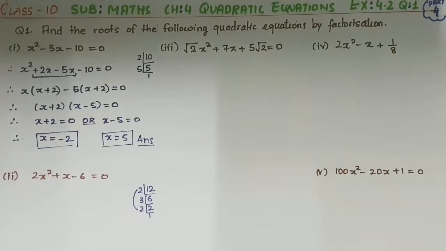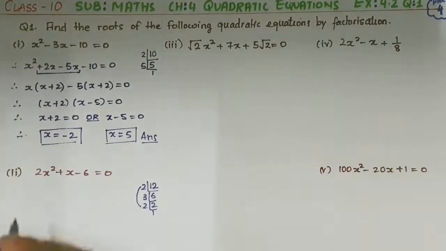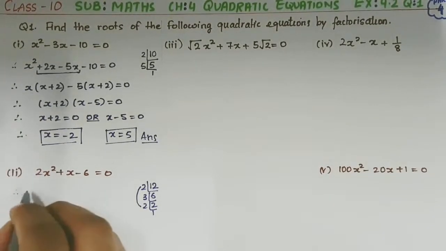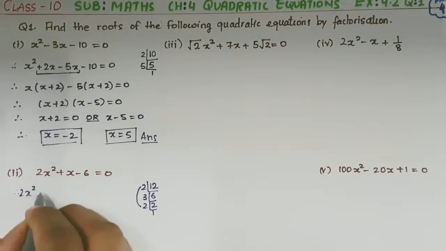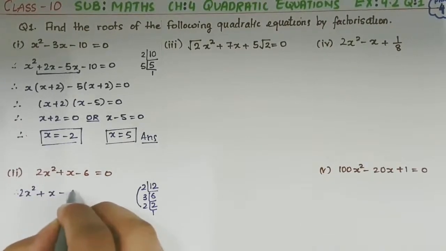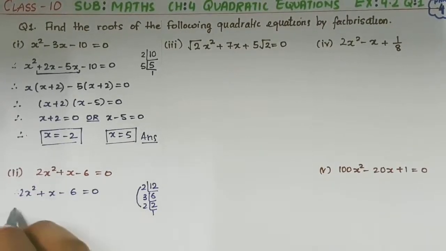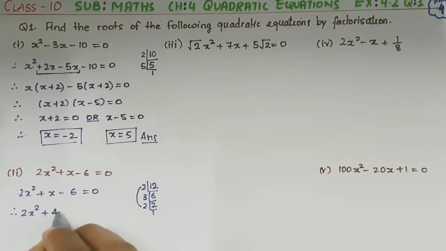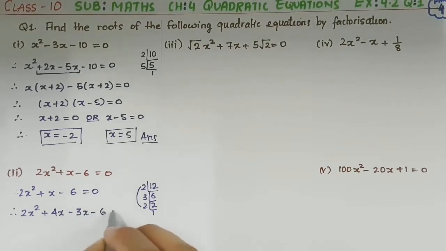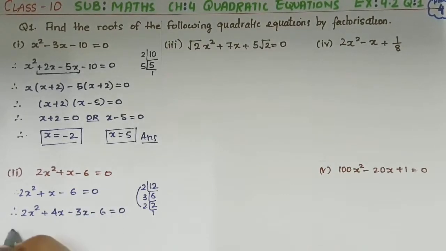Okay, so let us solve the question. Two x square plus x minus 6 equals to 0. Therefore 2x square plus 4x minus 3x minus 6 equals to 0.